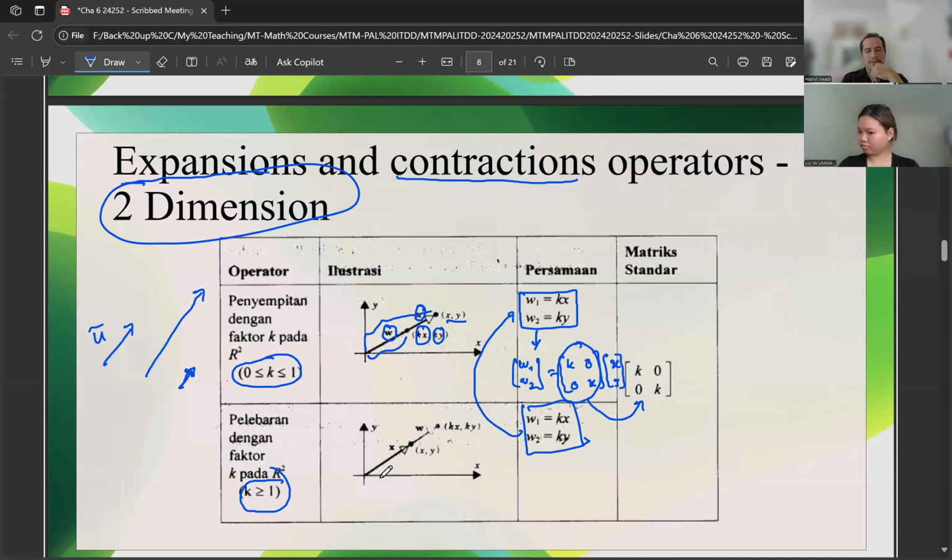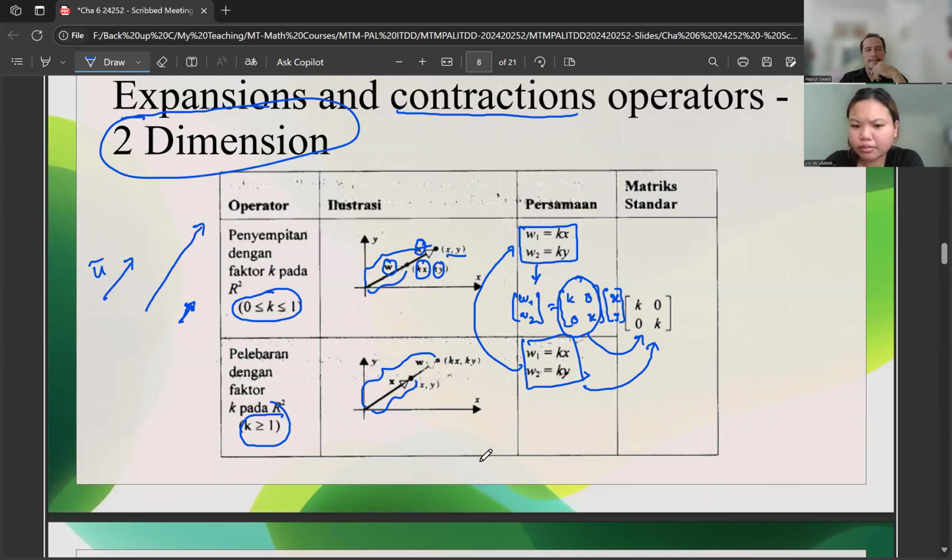So this is our original vector x, and this is the expansion W. The length of W is larger than the length of x. So the matrix standard will be the same, but the value of k depends on whether it is expansion or contraction. Contraction k is 0 to 1, but for the expansion k will be greater than 1.